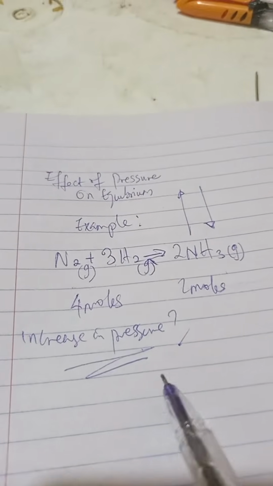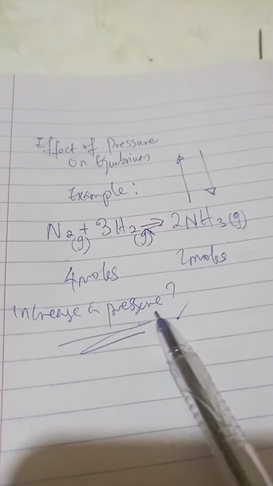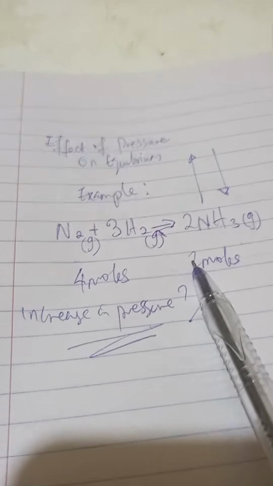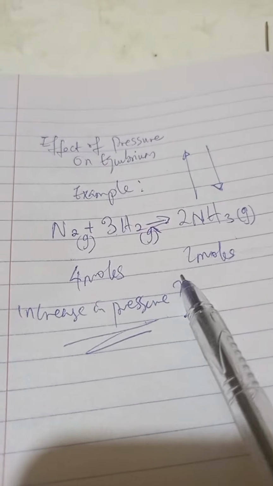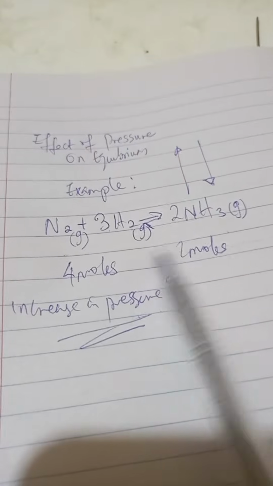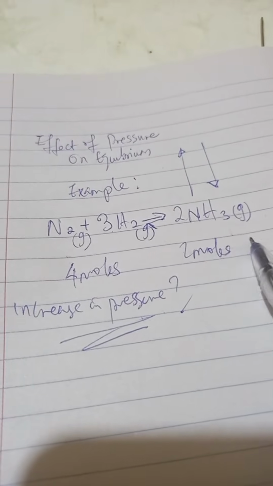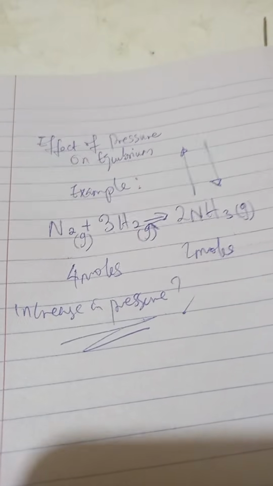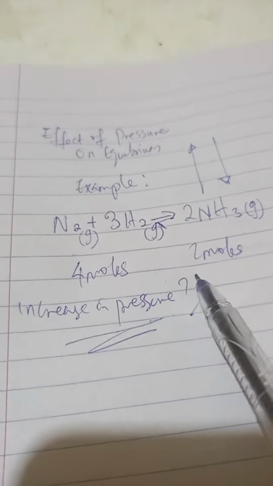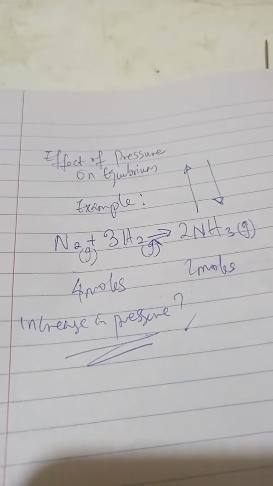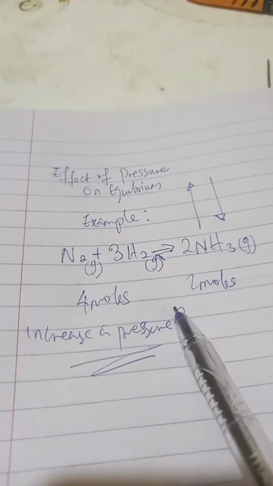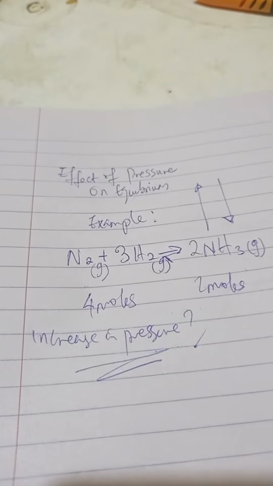So if a high pressure is applied to a system that is already in equilibrium, the equilibrium will shift to a position where the pressure will be reduced. Take note, let me say it again. If a high pressure is applied to a system in equilibrium, the reaction which favors a reduction in pressure will be favored.